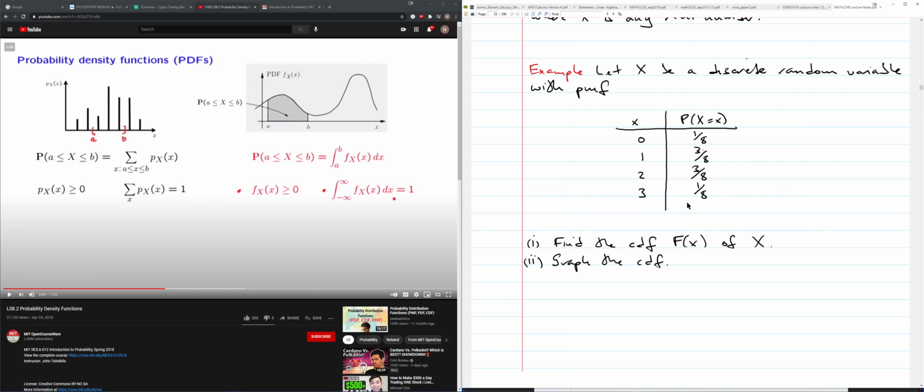Here I have this diagram from MIT open lecture. This diagram is indicating a PMF. I'm not saying it's the same PMF as this one here, but this is a PMF.